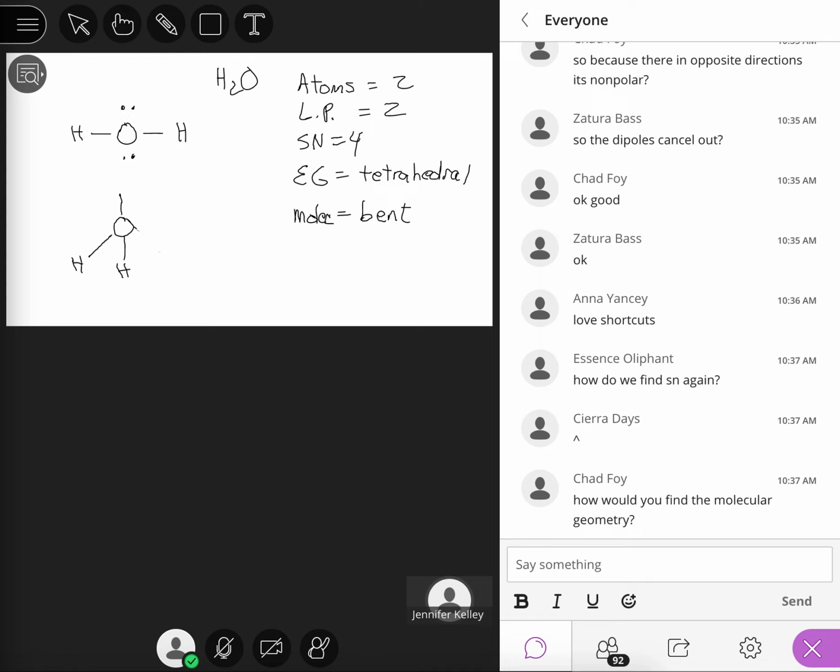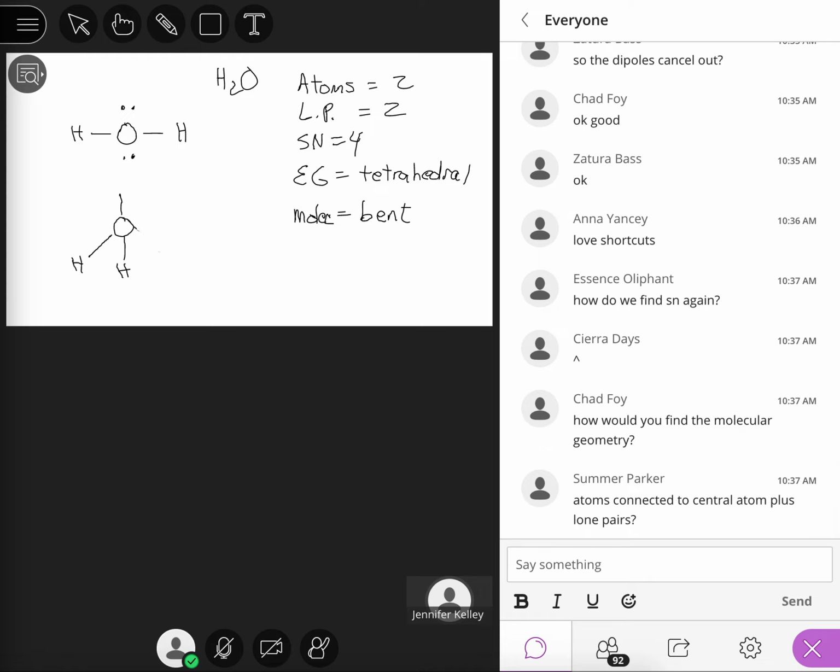That's a good question. To get the steric number, you just add the number of atoms bonded to the central atom plus the number of lone pairs, and that'll give you the steric number. To get the molecular geometry, that's one of the things that you have to memorize. There's a chart in the book, I think it's section 5.1.